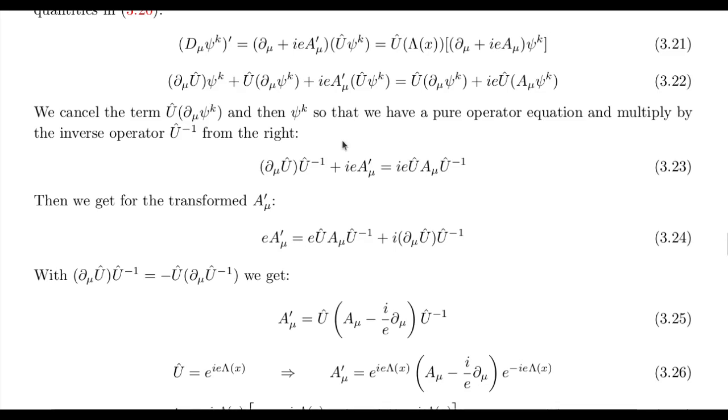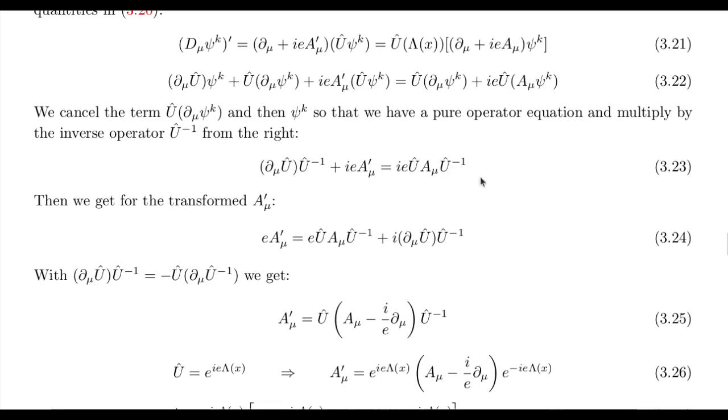That means we have the d mu operator and the inverse operator, which cancels. Here we have i e A prime, and we have operator and inverse operator. That makes 1, so there is no operator. And here psi is cancelled out, and so we have an inverse operator at the right.